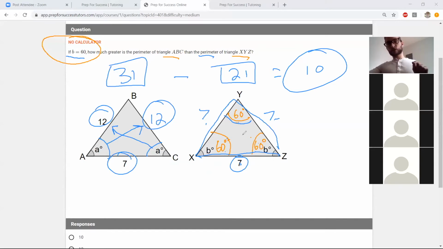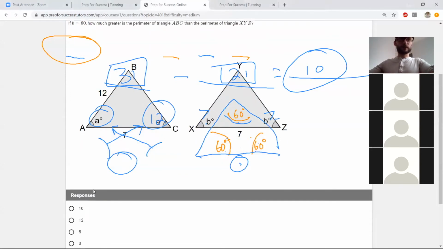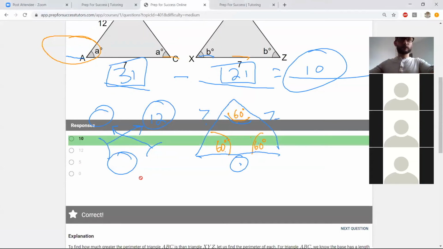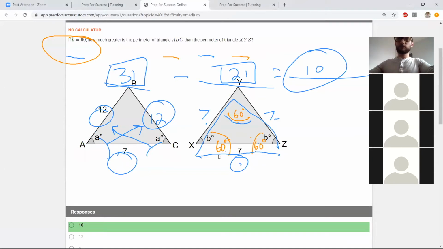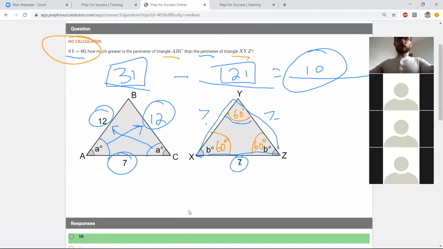If all the angles are equal, then all the sides are equal, so it's equilateral. Does that make sense? Okay, perfect. All right, so then we know 31 minus 21, which gives me 10. So my answer is just going to be 10. Any questions or concerns, just message me, let me know. But that one's going to be 10.